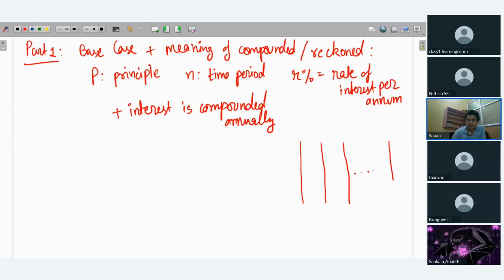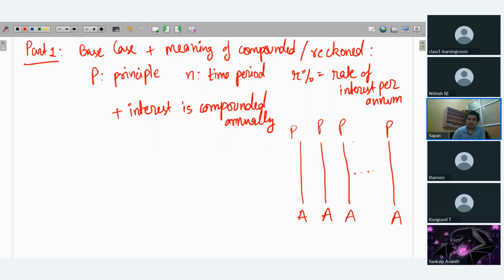If n is the time period, there will be n vertical stands. Principal starts here and amount is here. In between, someone can ask what is the principal for the second year, or the third year, or the last year. Or what is the amount at the end of first year, second year, third year, like that.